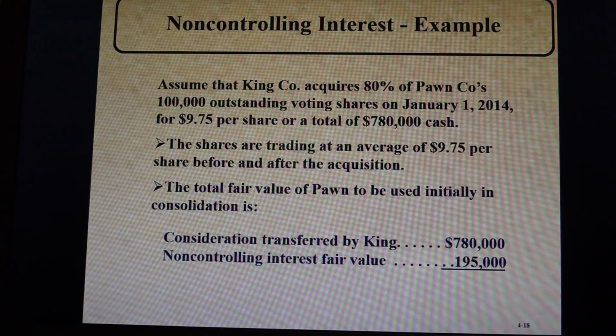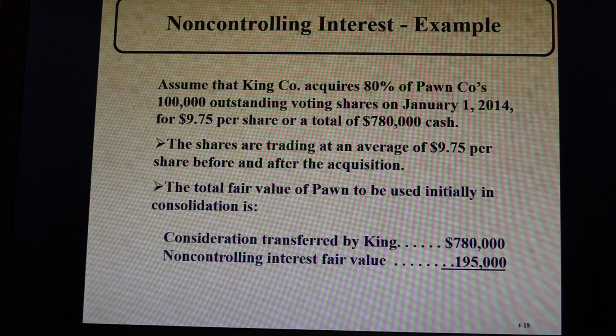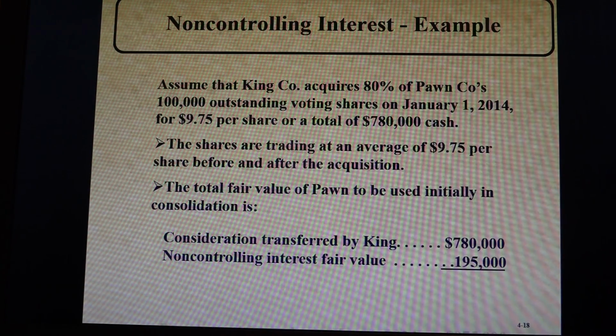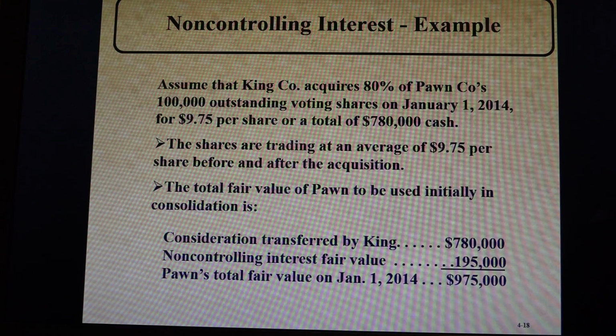So 20,000 times $9.75 equals $195,000. And so that equals $975,000.